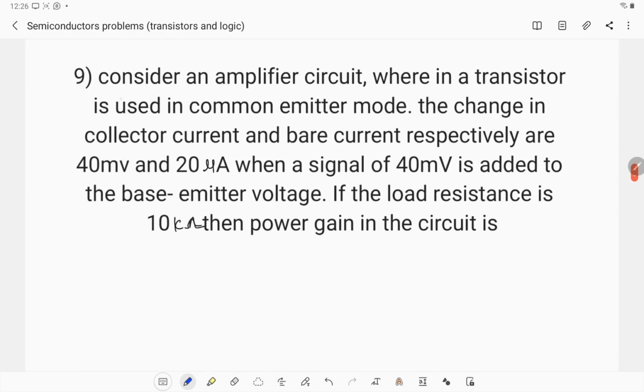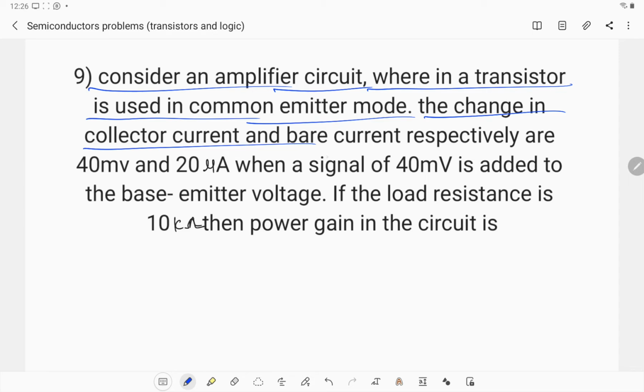And problem number 9. Consider an amplifier circuit wherein a transistor is used in common emitter mode. The change in collector current and base current respectively are: change in collector current, delta IC, is equal to 40 milliamperes, and the change in base current is equal to 20 microamperes.